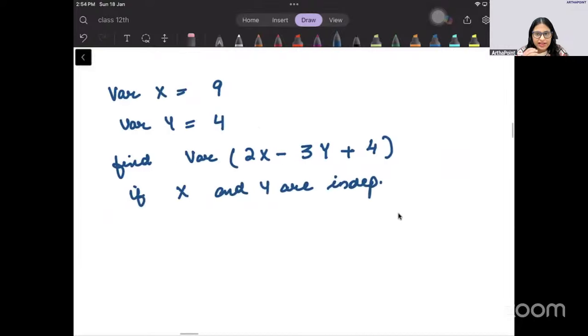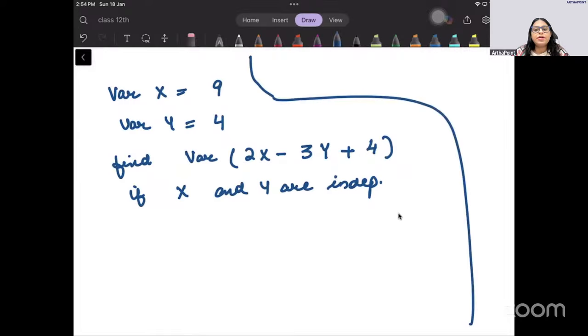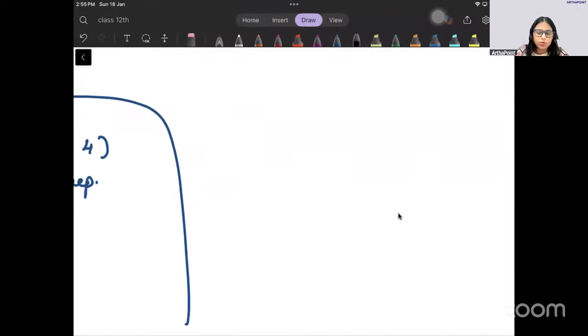For dependent variables covariance comes in, I'll tell you about that later, but just tell me if they're independent. So here you need to understand one thing, then we'll do this.